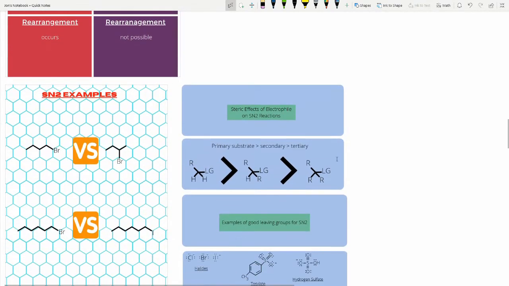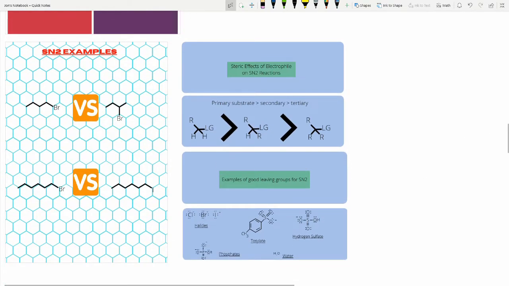Alright, so now that we have that all compared, let's do some examples. With this example, let's try and figure out which one of these will be a better SN2 reaction. In the first example on the left, it looks like we have a primary substrate because the bromine is only attached to one carbon.